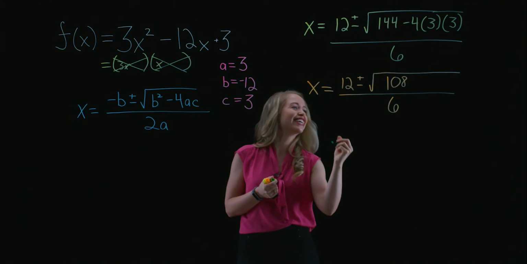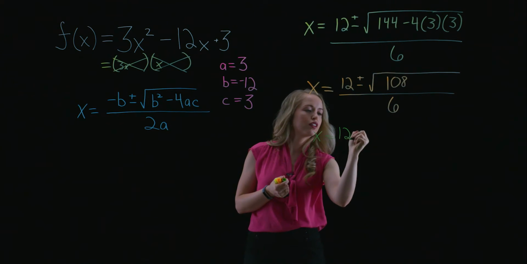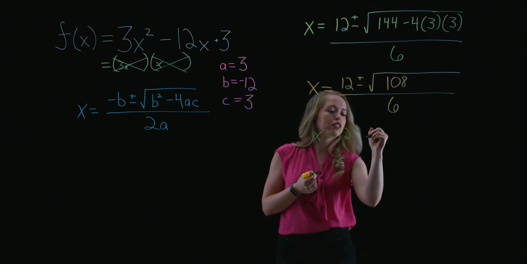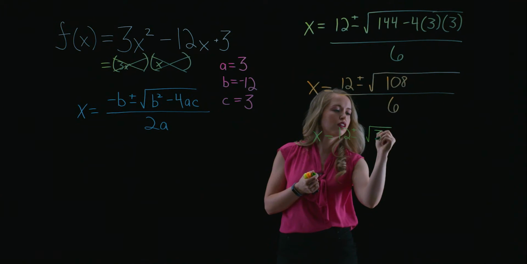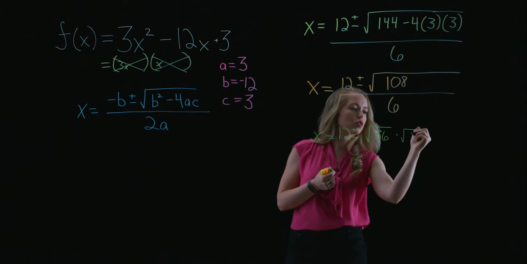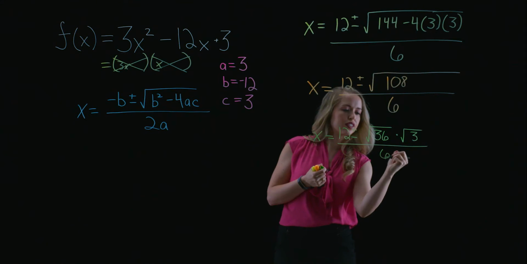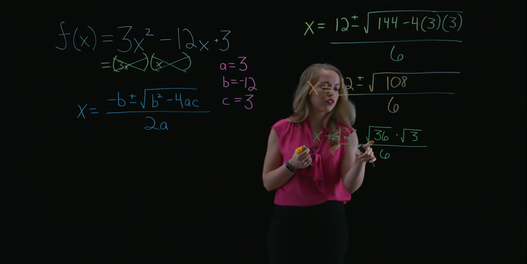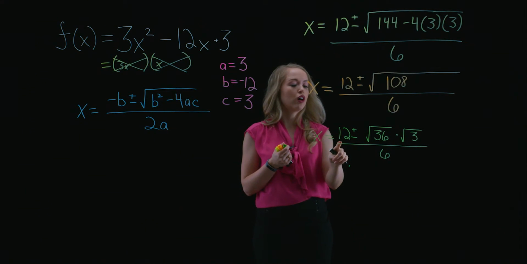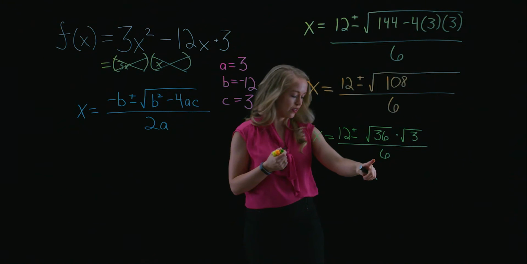So x equals 12 plus or minus the square root of 36 times the square root of 3, again, all over 6. Now I know that the square root of 36 is 6, so that could be rewritten as 12 plus or minus 6 root 3 all over 6.